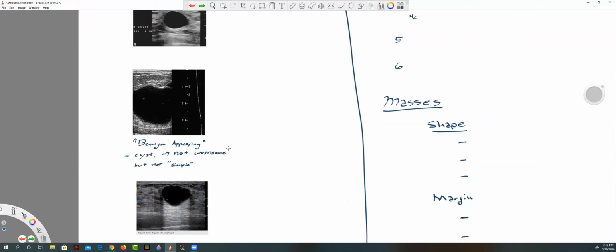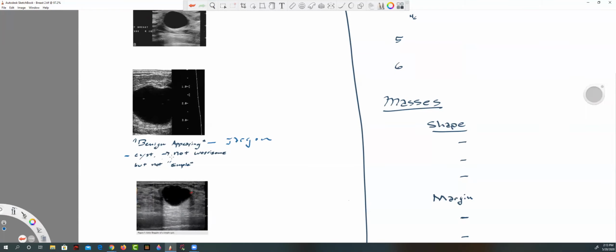And so this is more of, what's the word for it? I'll just call it jargon. It's the jargon that radiologists can use.